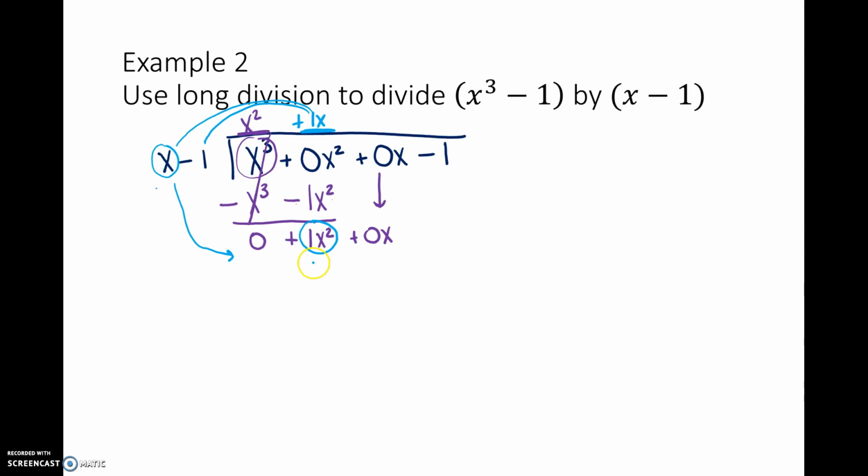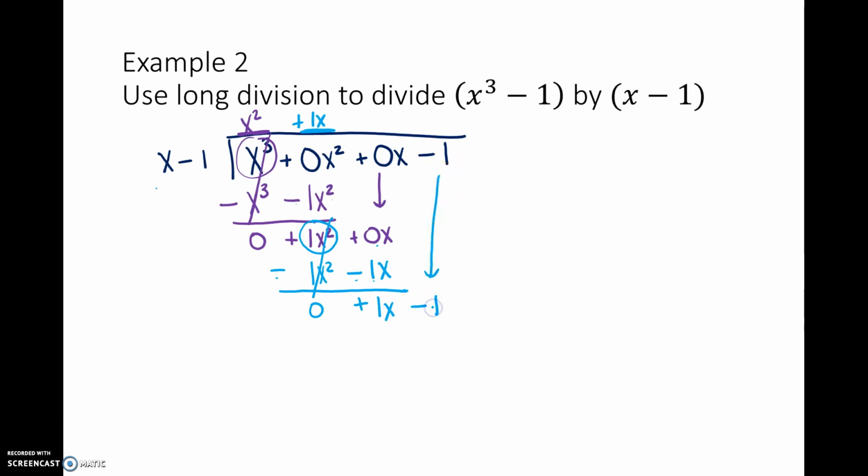So 1x times x is 1x squared. 1x times -1 is -1x. Do the subtraction. First one should always be 0. 0x minus -1x would be +1x. Bring the next term down and start your next cycle.